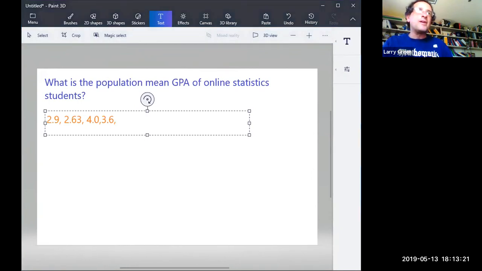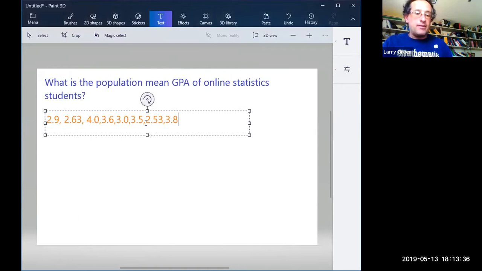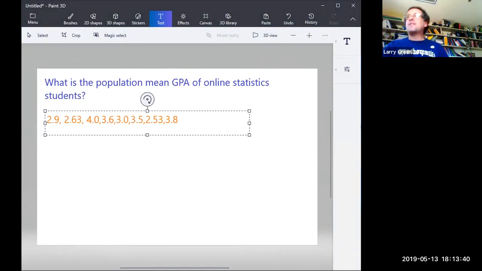Get some more. 3.0, 3.5. 2.53. 3.8. And that's everyone's list.